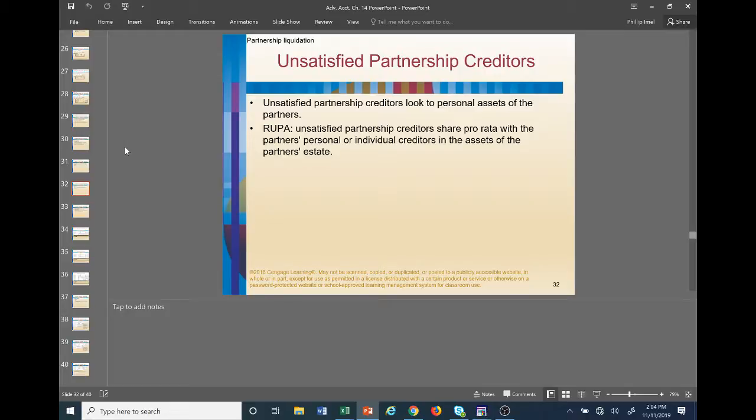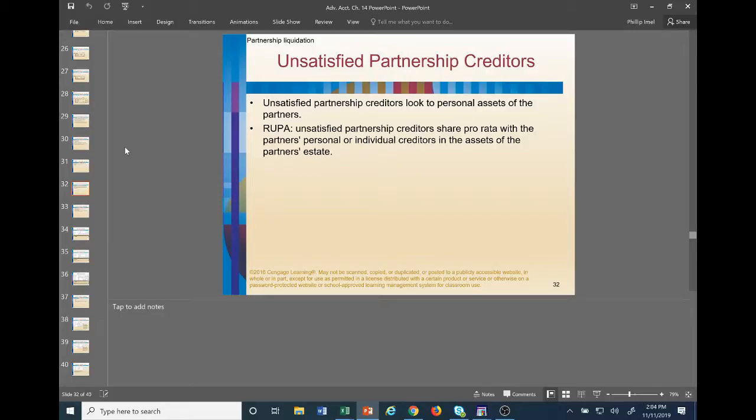Unsatisfied partnership creditors. In the winding up of a partnership, the first priority is to discharge the obligations of the partnership to creditors. If the partnership does not have adequate assets to fully discharge these creditors, the unsatisfied creditors must look to the personal assets of the individual partners. Prior to the RUPA, under what was referred to as dual priority, partnership creditors had first priority against the partnership's assets, and a partner's individual creditors had first priority against the partner's personal assets.